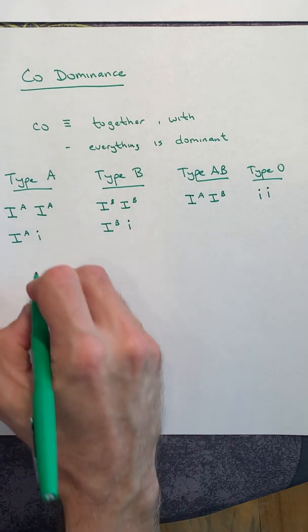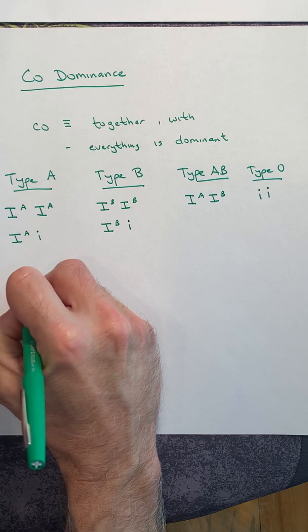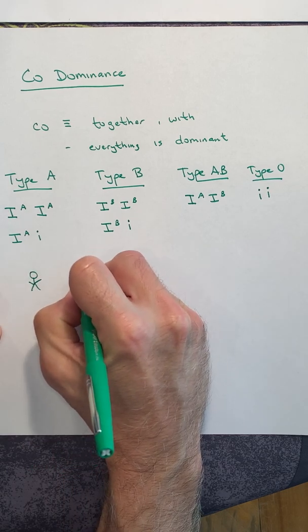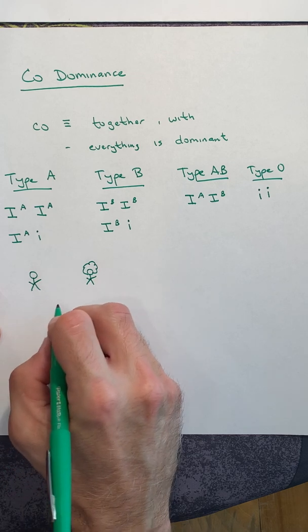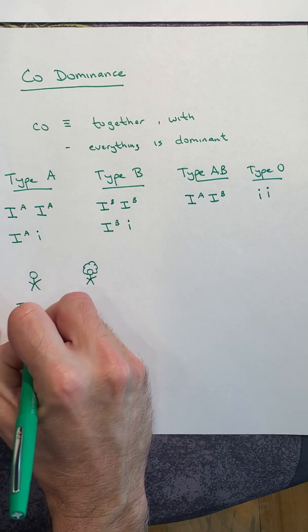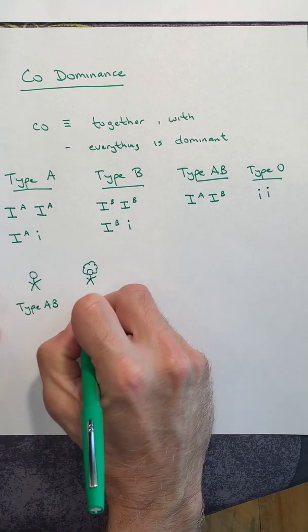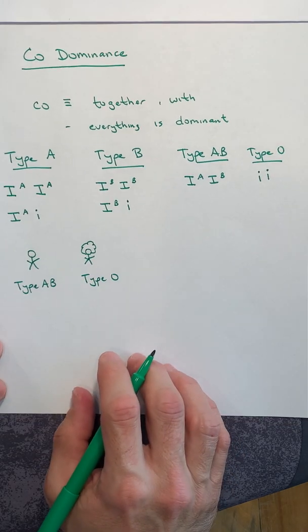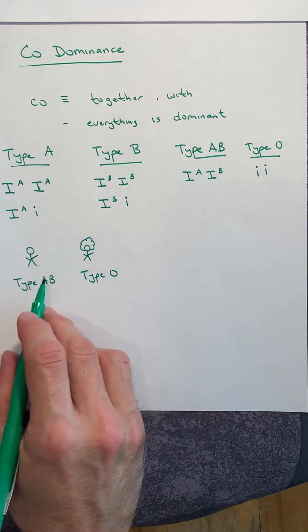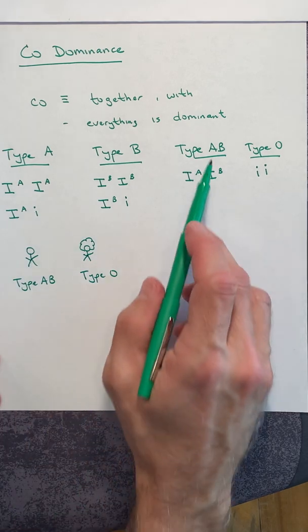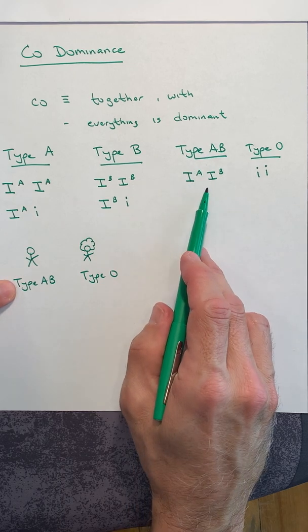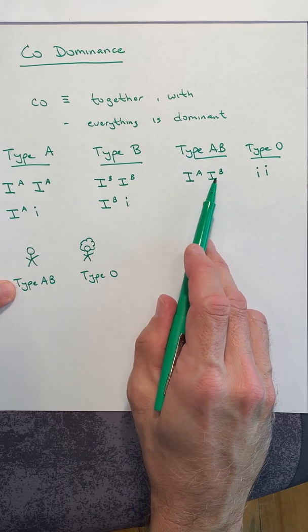Okay, so let's make a cross. Let's take a male and a female. And let's give him type AB blood. And let's give her type O. Okay? Well, if he has type AB blood, he has to have the genotype of IA IB.